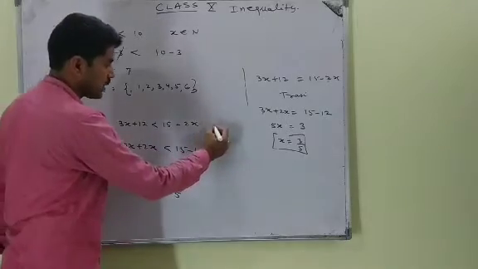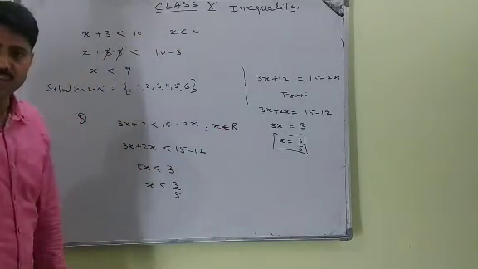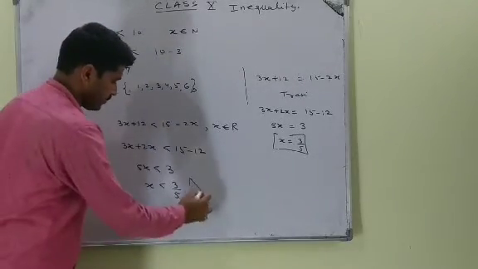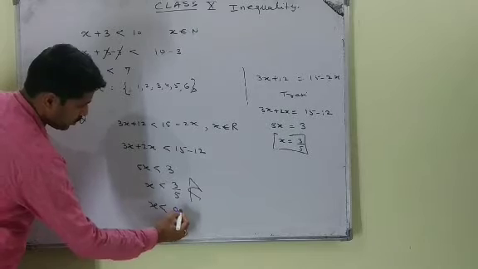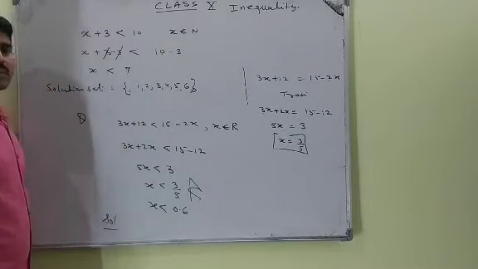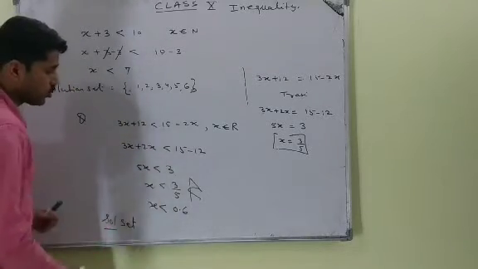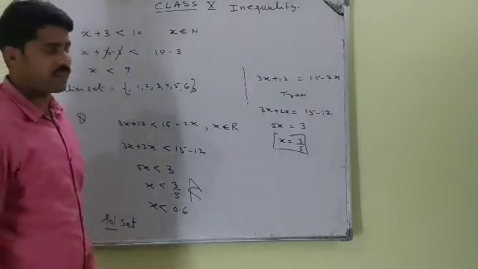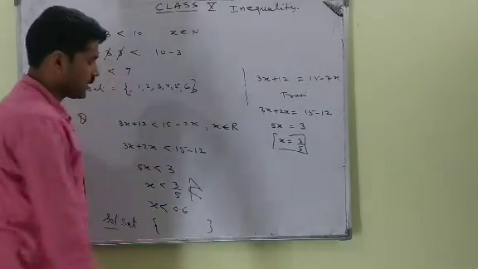Nothing is given, it means x belongs to real numbers. Clear? Your answer: x is less than 0.6. Solution set is the numbers which are less than 0.6. Many infinite numbers are there, so we cannot write it in the form of a set.